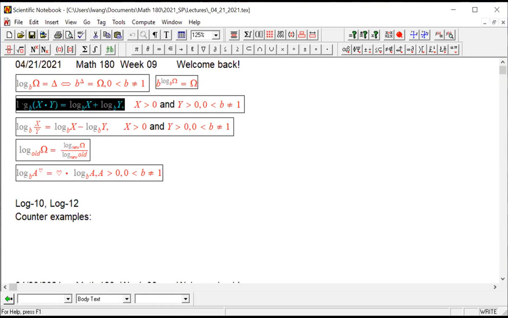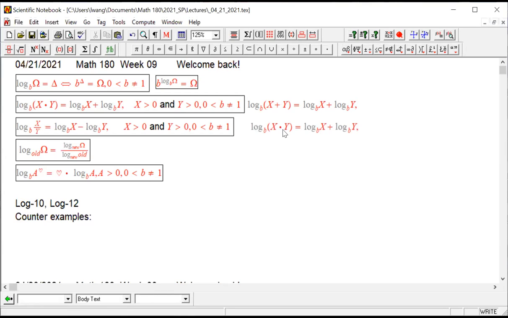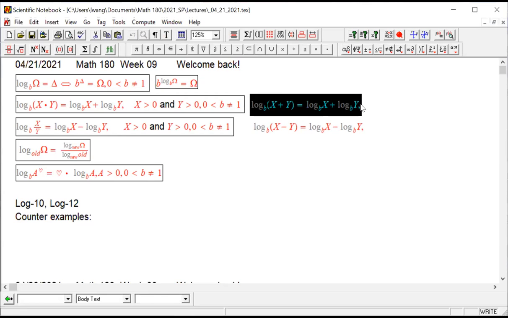And a lot of people make these mistakes. Plus, okay, and some people make that mistake. Minus. Okay, these are typical mistakes. Very often, very commonly seen.